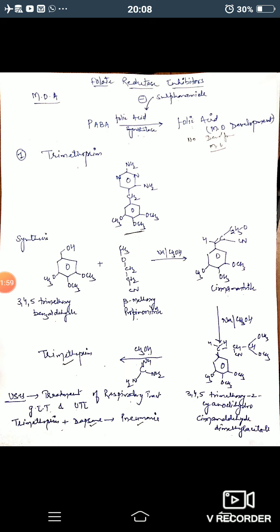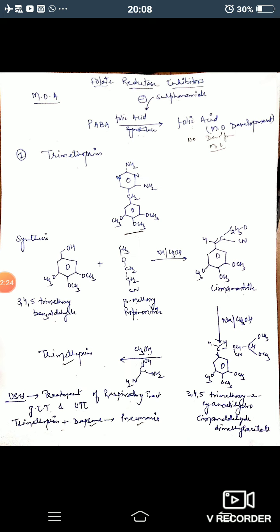Then again in the presence of methanol and sodium, it is converted into 3,4,5-trimethoxy-2-cyanodihydrocinnamaldehyde dimethyl acetal. Then again in the presence of methanol and guanidine, it is converted into trimethoprim. This is the synthesis of trimethoprim.